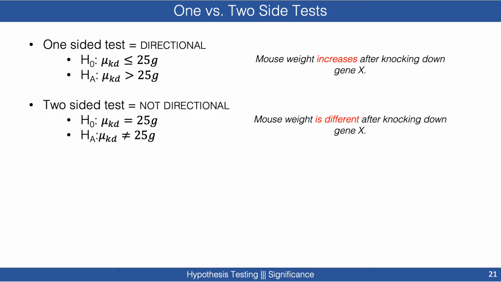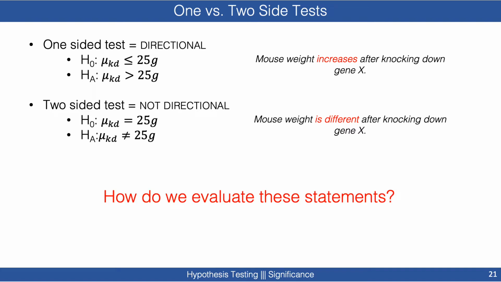And for either a directional or non-directional test, what we're going to discuss next is how we evaluate the statements, how we decide whether the sample that we have is consistent or not consistent with the null hypothesis, or whether we can reject it.